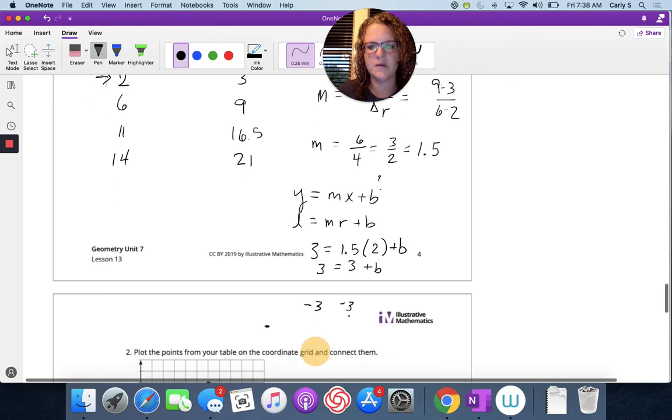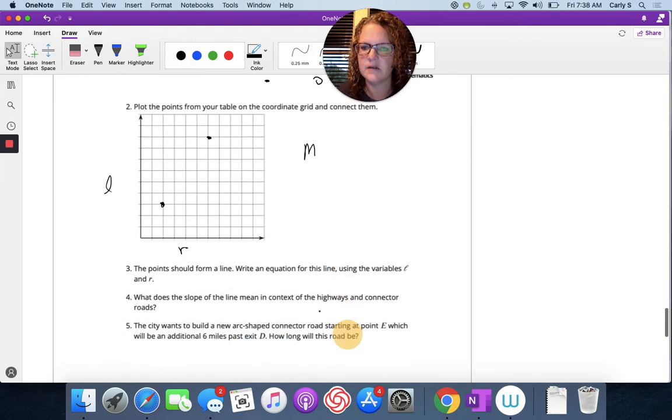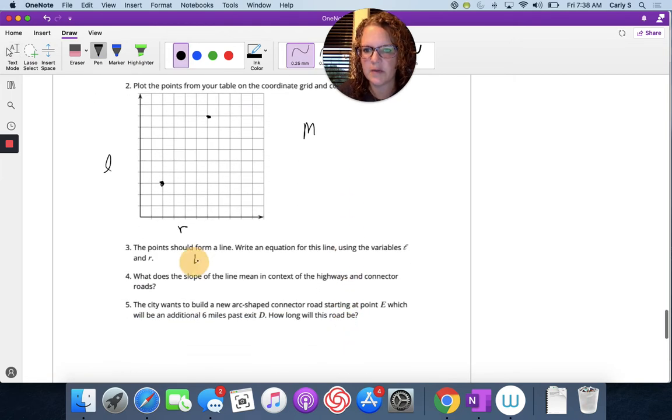B is 0. So my equation is L equals 1.5R.